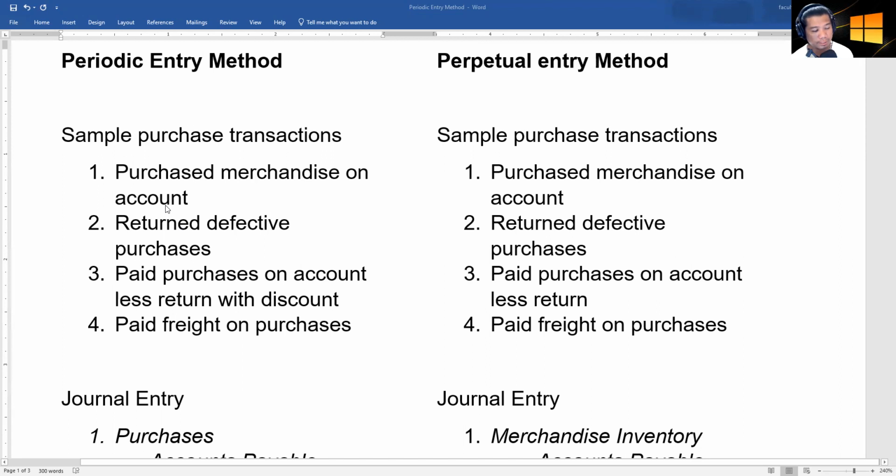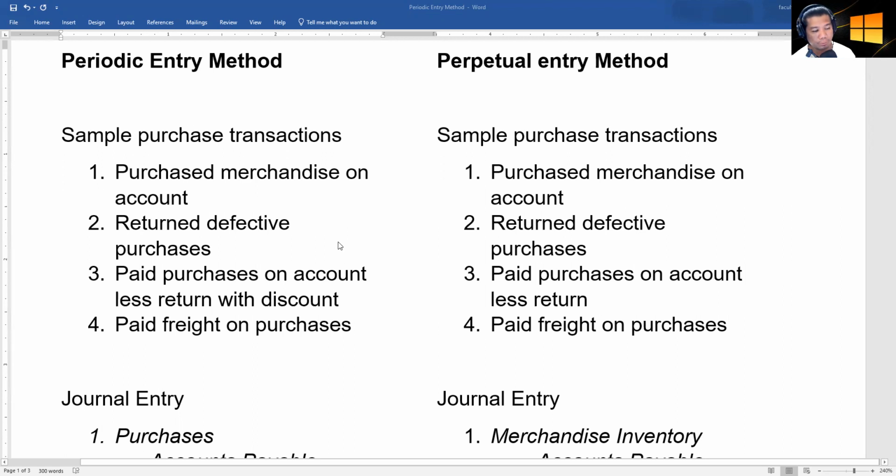And then sa sales naman, na-identify din natin na meron tayong sales account or the revenue account, meron din tayong sales returns and allowances, sales discount, at saka yung freight out po natin. So yan po, dito po sa ating periodic entry method, nagdagdag lang tayo ng 8 account titles from services. The rest of the accounts from services na applicable dito sa ating merchandising na pag-usapan na po natin yan, nandito pa rin po sila sa ating merchandising entry.